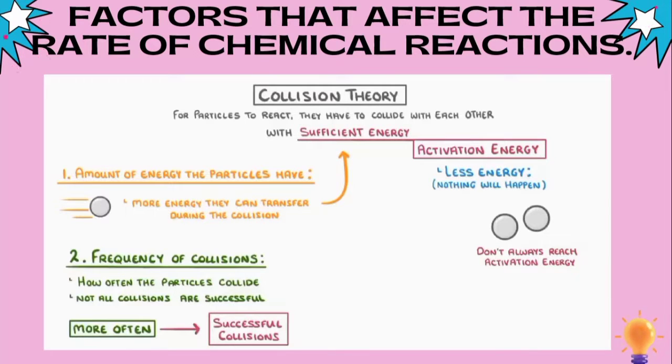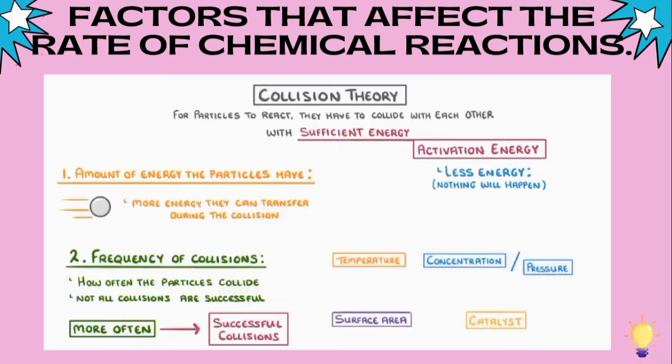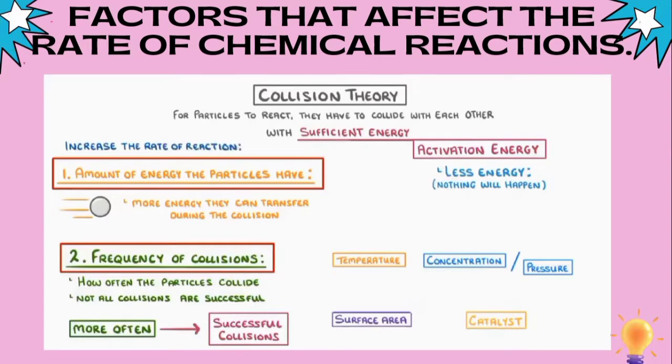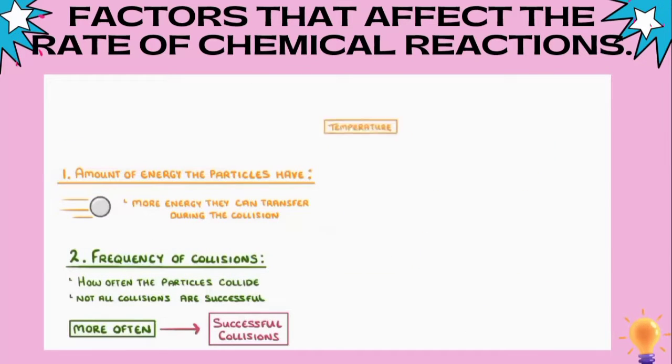Now, whenever you think about how these four factors affect the rate of a reaction, you always want to think in terms of how they affect the amount of energy that the particles have and the frequency of the collisions, as increasing either of these will increase the rate of reaction by increasing the number of successful collisions. Let's start with temperature.